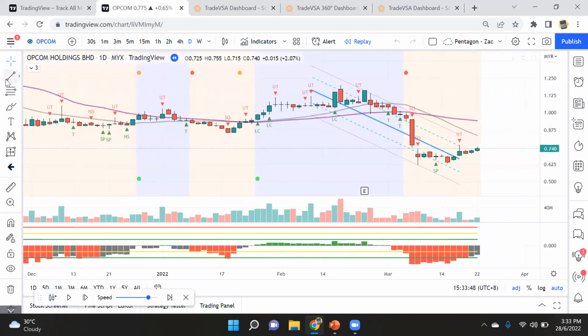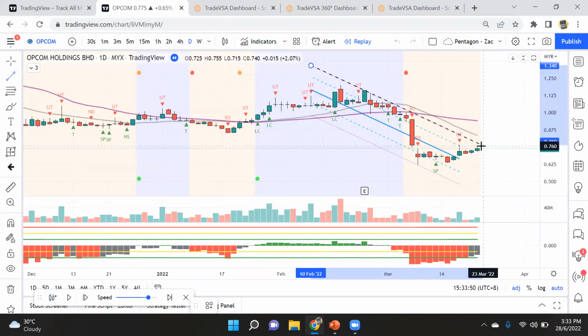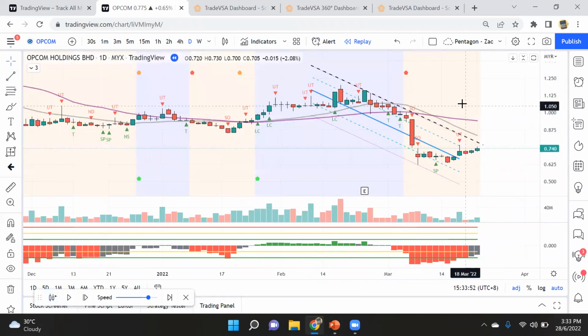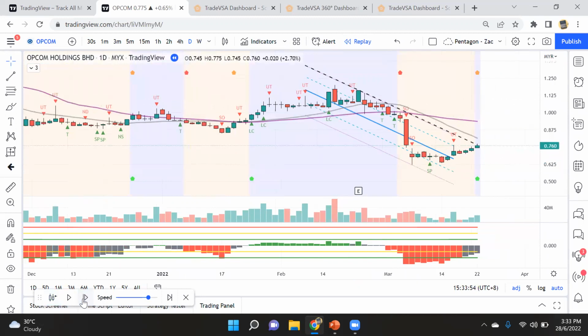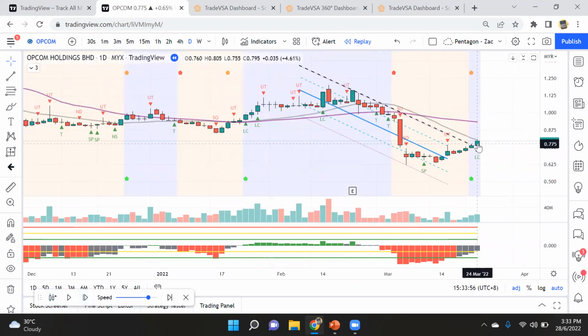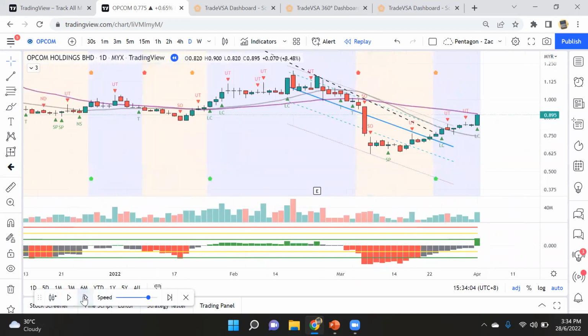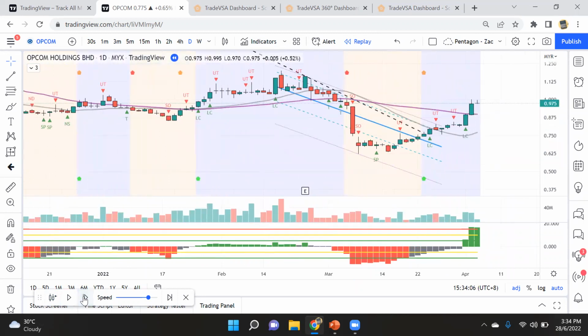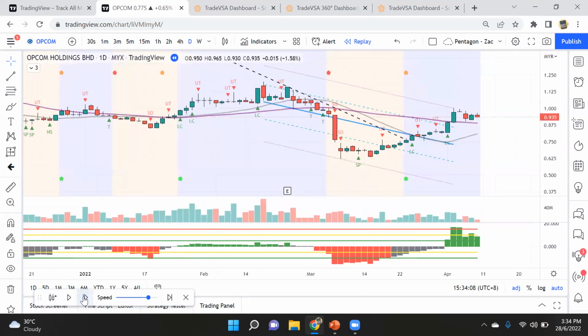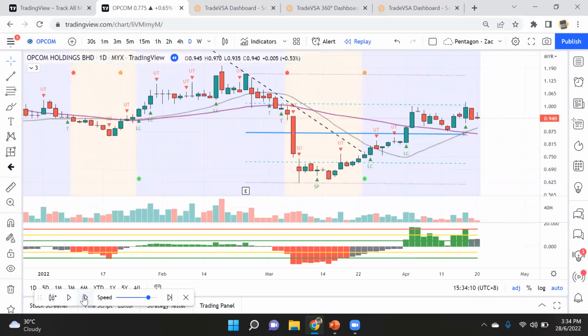You can notice this is the previous resistance before the green pentagons. I move my candles. This is the one it crossed: after the green pentagon, the next day it crossed the main resistance, and subsequently the price was able to test higher. Hopefully you can see that coming back again for Opcom. I think Scan Move also has a very good chance too.